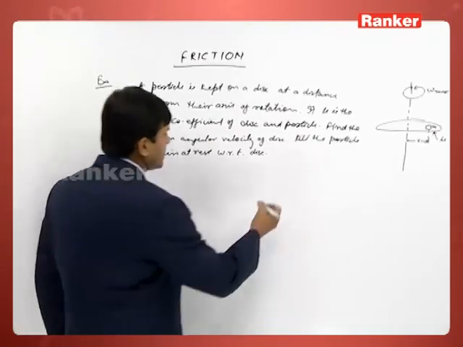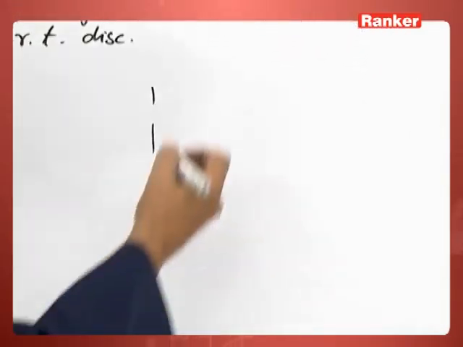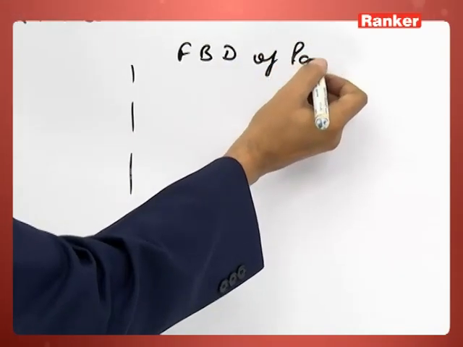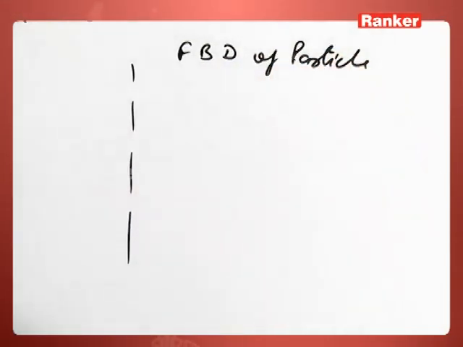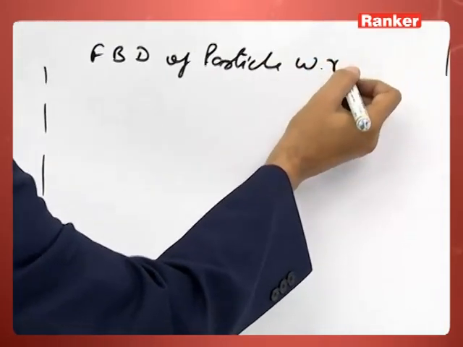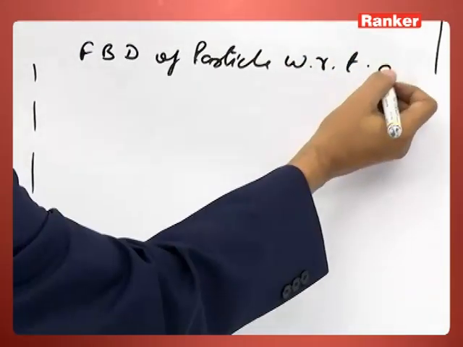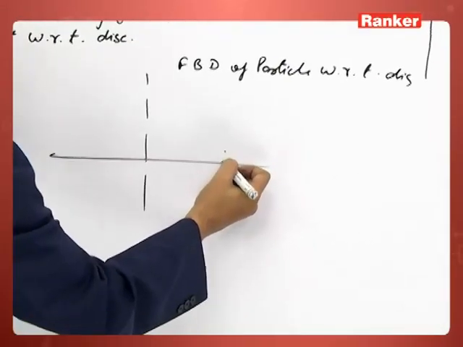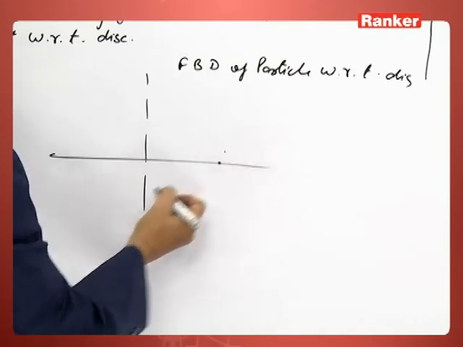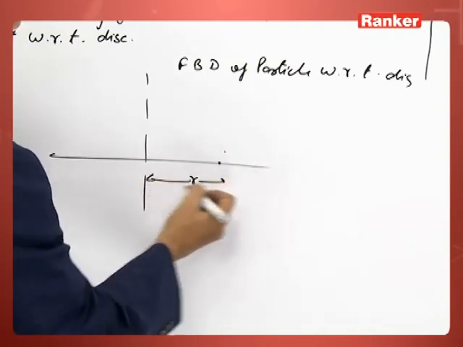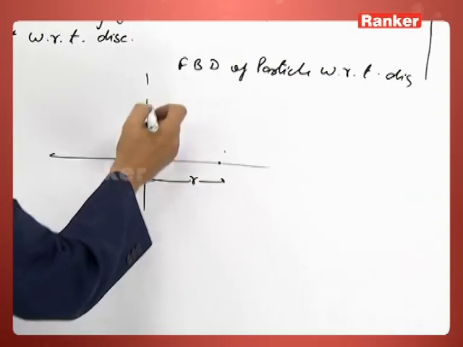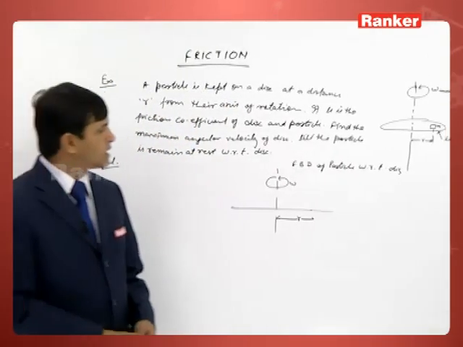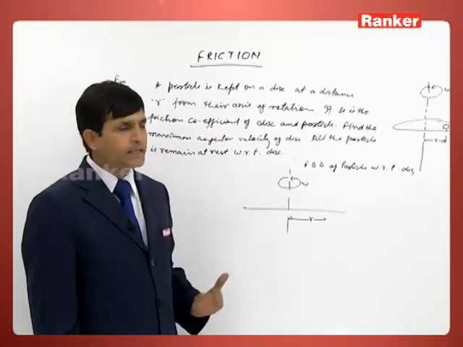So first we make the FBD of the particle with respect to the disk. Let this be the disk plane. A particle is kept here at distance r. The first thing, as the disk is rotating, each and every particle of the disk has an acceleration toward the center.